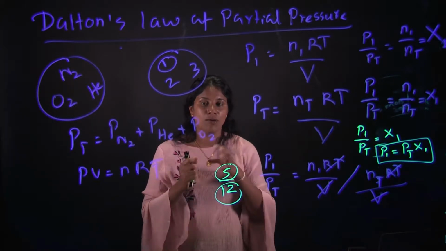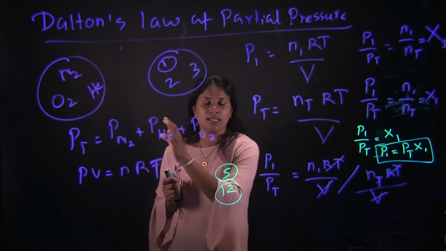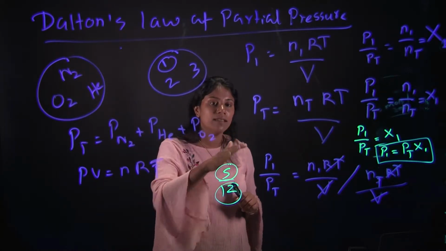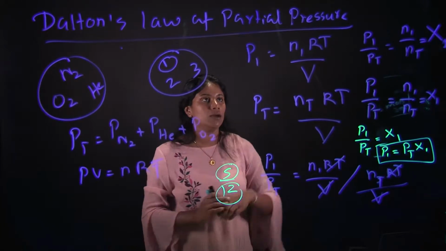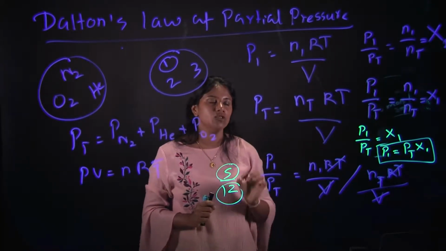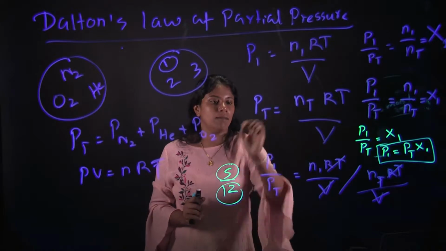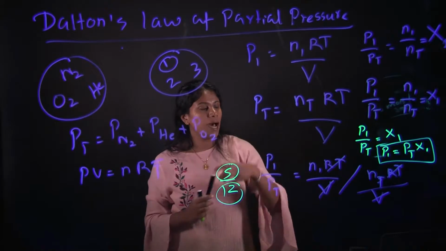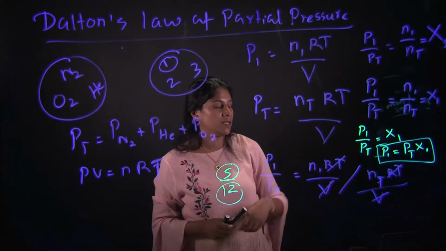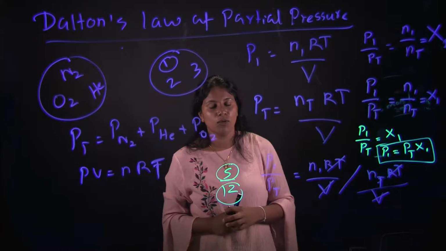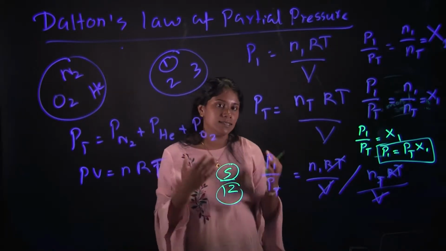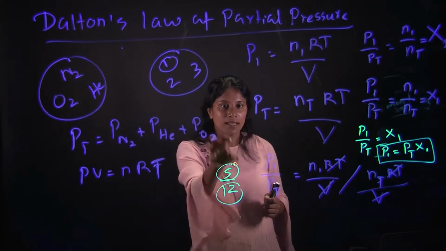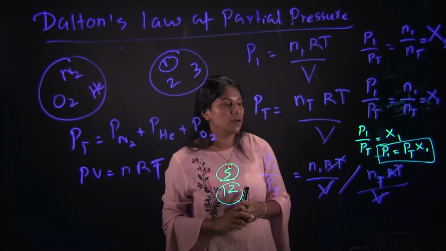You have to add the pressure of each individual gas to get the total pressure, and then we make the relationship using P1 equals N1, the number of moles of gas 1, RT divided by V, divided by P total, and then we came up to this relationship, which is partial pressure of gas 1 equals total pressure multiplied by mole fraction. Calculating mole fraction is a simple technique: you take the number of moles of the particular gas you are interested in, divide by the total number of moles.